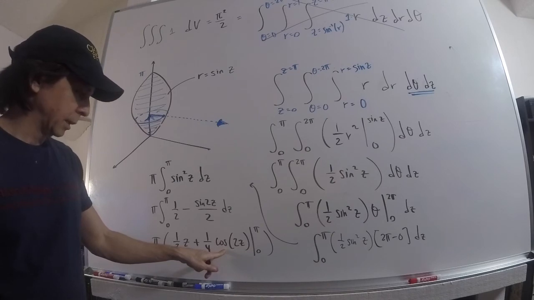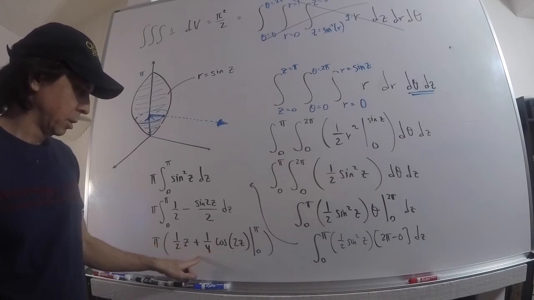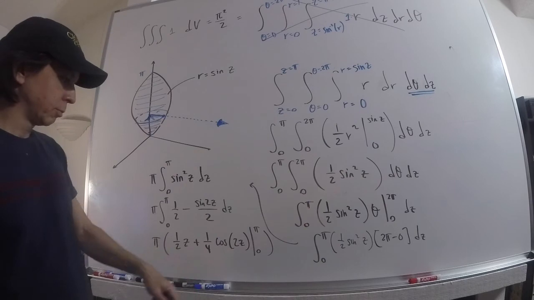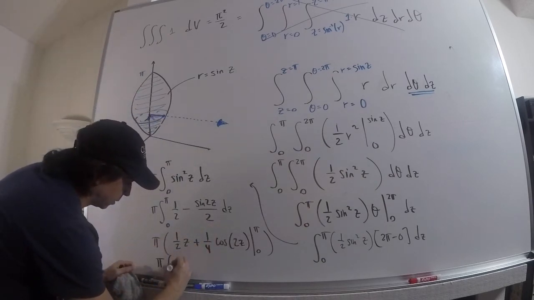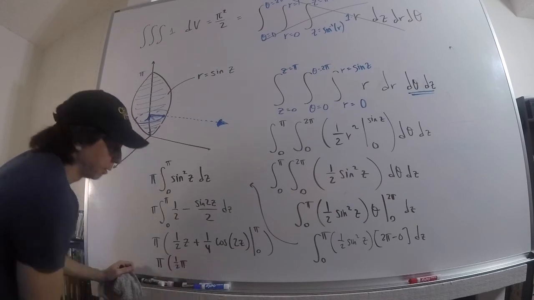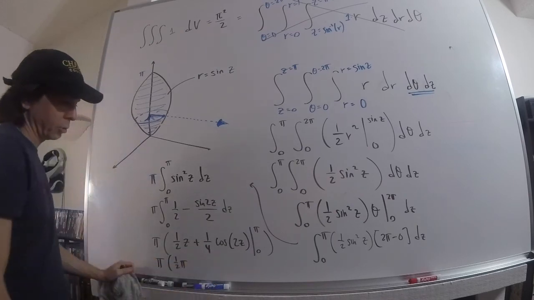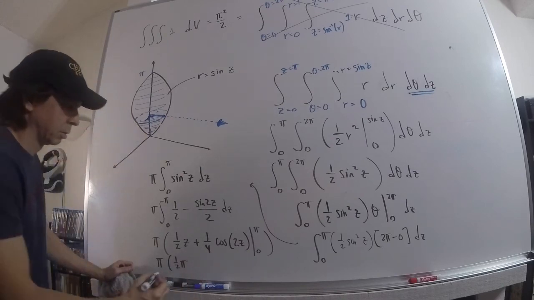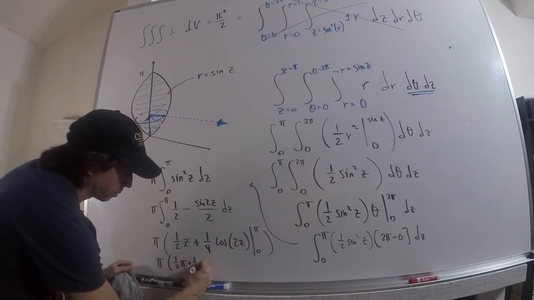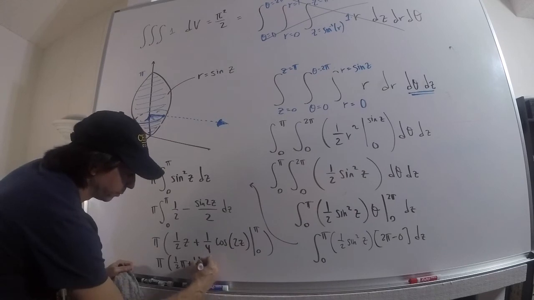Derivative of that will be negative sine. Then I'll bring the 2 down. That's it. Okay. Plug in pi. 1/2 pi. Cosine of 2 pi, which is, whoa, that's not. Huh? Cosine of 2 pi is 1.